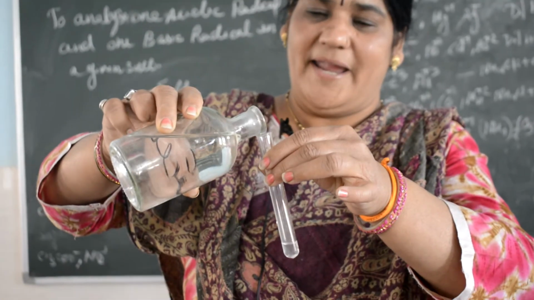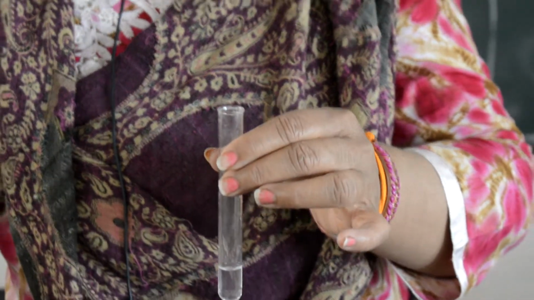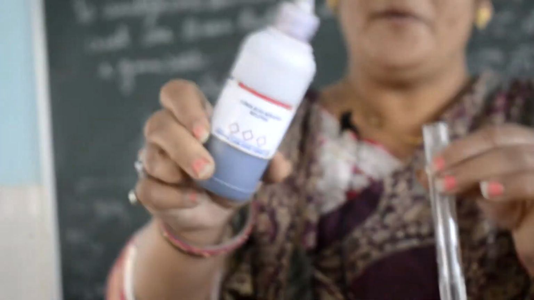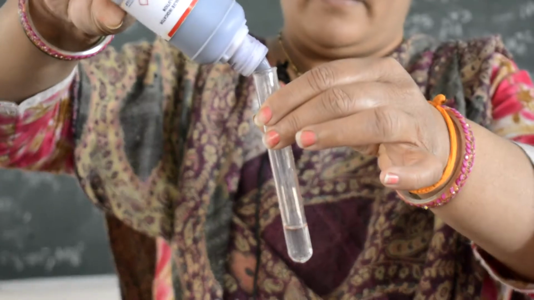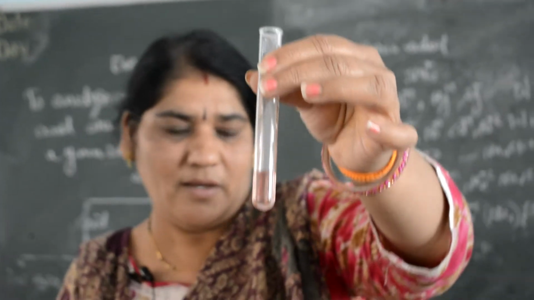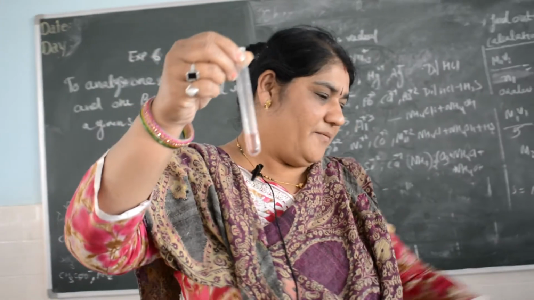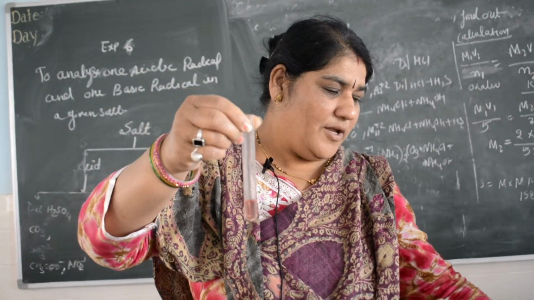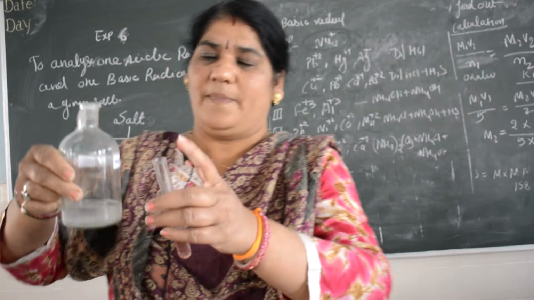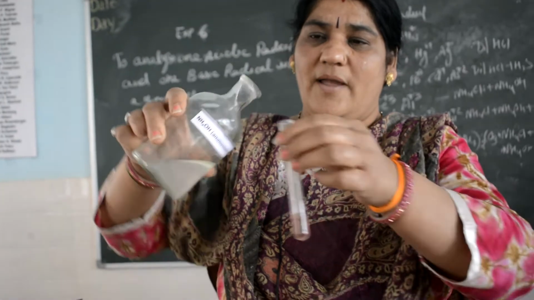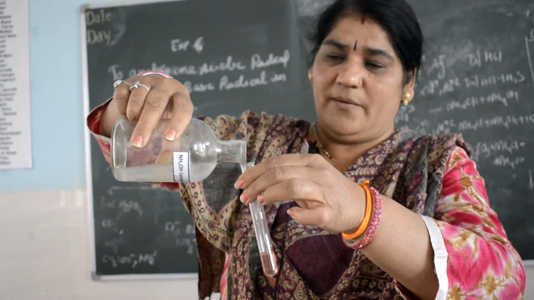Now we add HCl in a small quantity, then add blue litmus solution. It turns pink. Now this is the Lake test, in which we add ammonium hydroxide slowly to this solution.